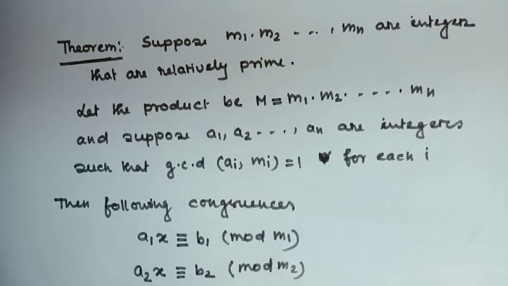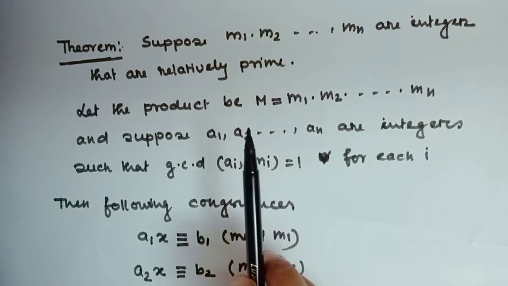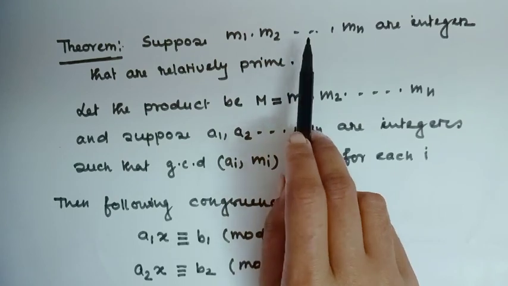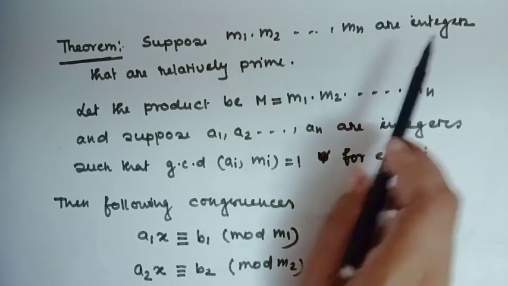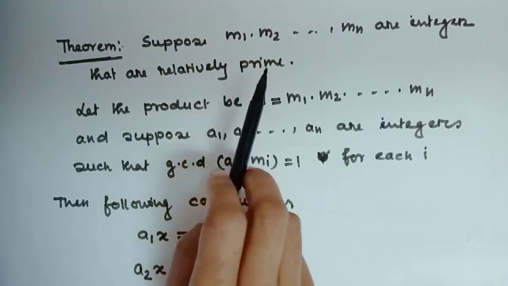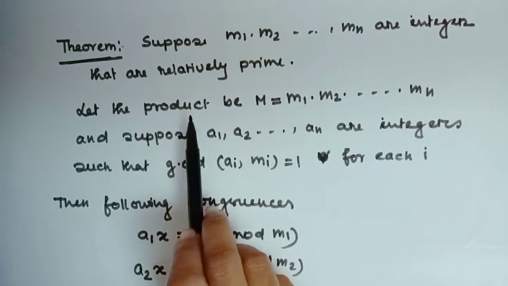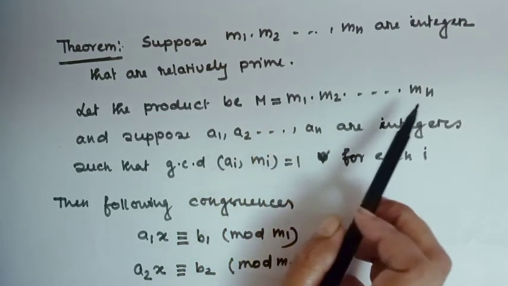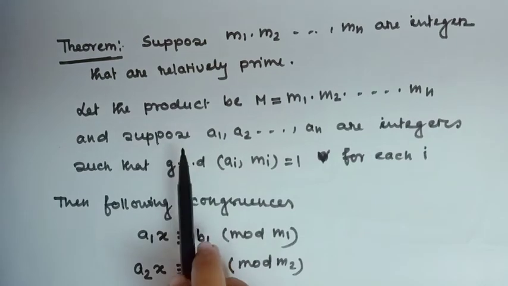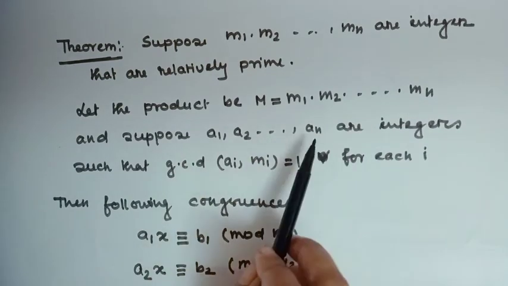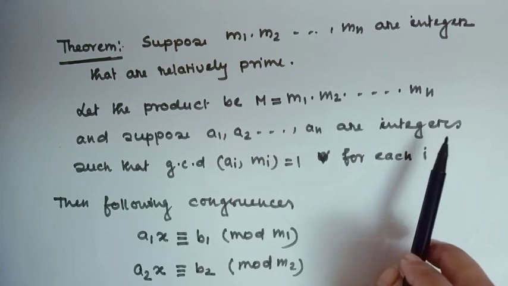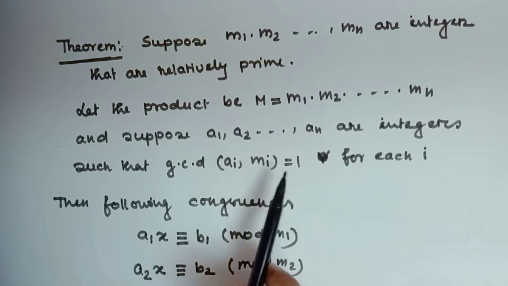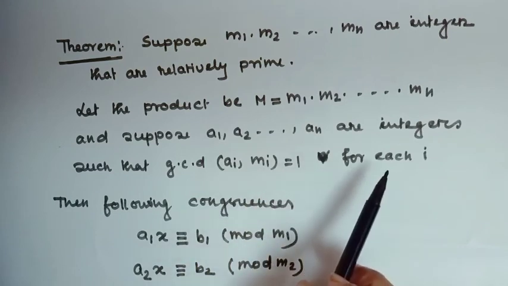Let's see the statement of the theorem. Suppose m1, m2, up to mn are integers that are relatively prime. Let the product be m, where m equals m1 times m2 up to mn, and suppose a1, a2, up to an are integers such that GCD of ai and mi equals 1 for each i.